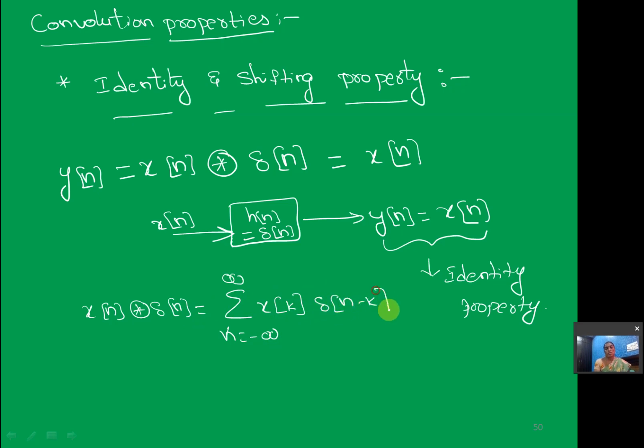So from the convolution definition, I am just replacing h of n with del of n. This is equal to x of k into del of n minus k. Here we know the sampling property. What is the sampling property?